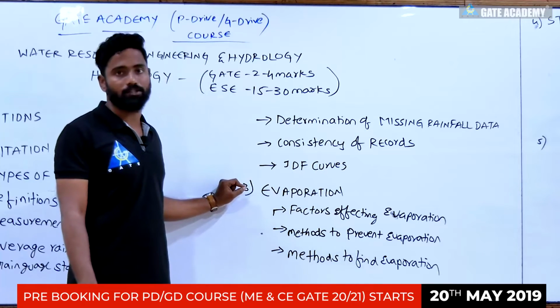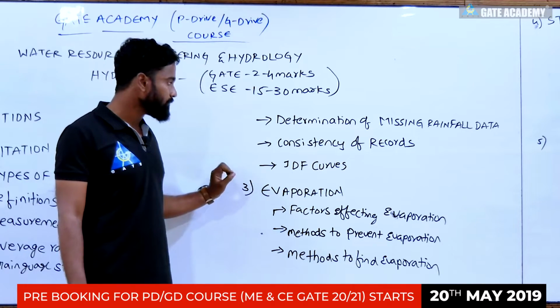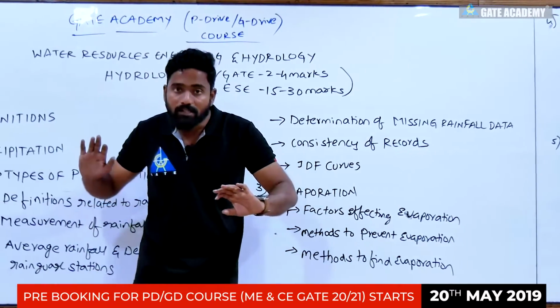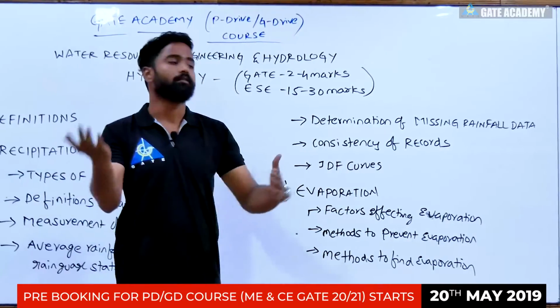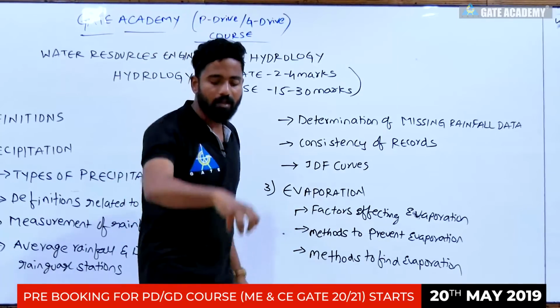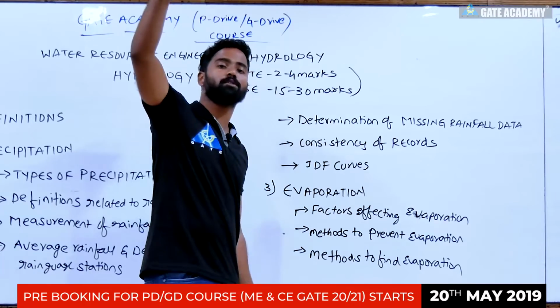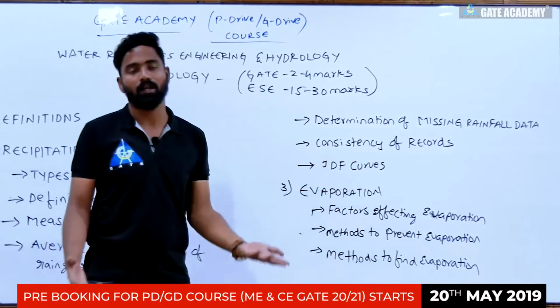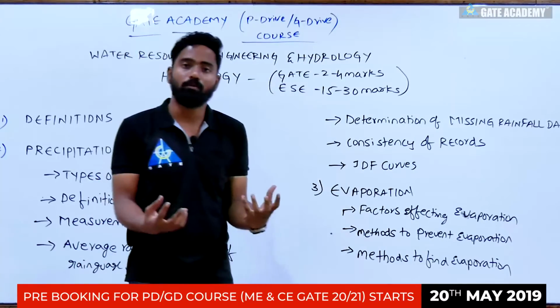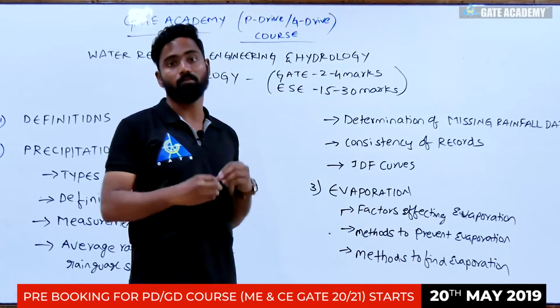Next, evaporation. All these things come in precipitation, and if you consider the losses of precipitation, the first one is evaporation. That means water reaches the earth surface and then goes back from the earth surface to the atmosphere, that is evaporation. Where will evaporation be more, in oceans or rivers, and why, everything will be discussed.